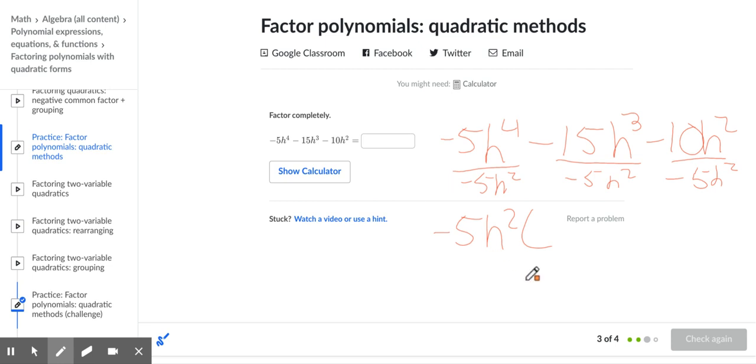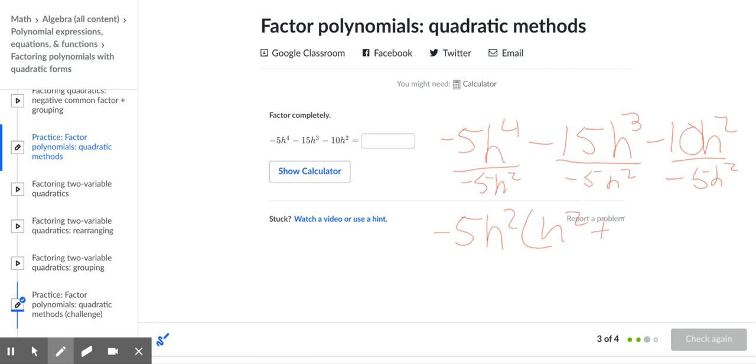So -5 divided by -5 is just 1. h to the 4th divided by h squared is h squared, right? I'm subtracting my exponents, 4 minus 2 is 2. So I have 1 h squared, and I don't have to write the 1. So just h squared. And then -15 divided by -5 is +3.